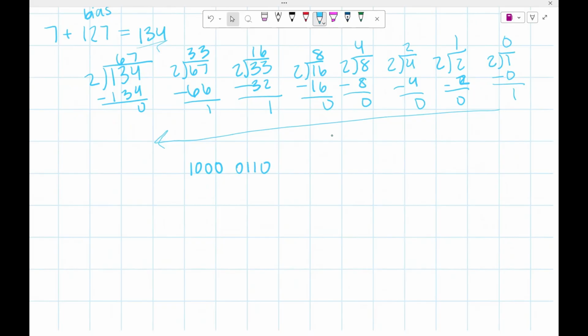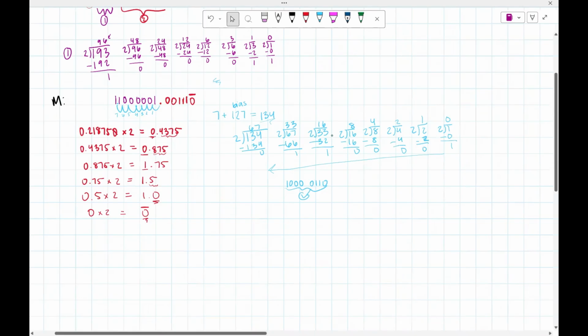There you go. So it should be 1, 0, 0, 0, and then another 0, 1, 1, 0. Yeah, perfect. Okay. And this is 8 bits, so that's correct there.